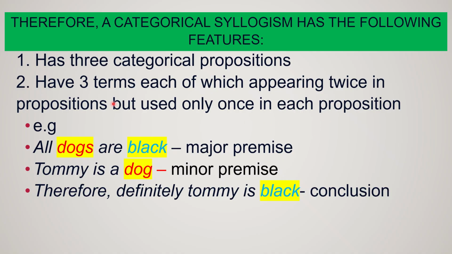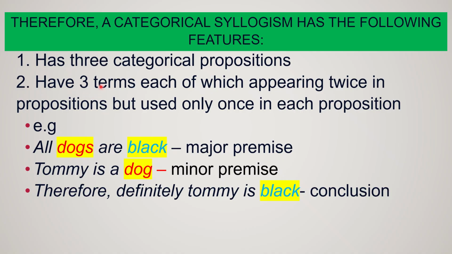What we mean by the terms: here we have the word dog, and here you have another dog in the second premise. You cannot repeat the word dog twice in one proposition, or repeat black in one proposition. For example, here we have said all dogs are black. You cannot come and say all dogs are dogs. That is repetition. That is what we mean: each term is only used once in each proposition.